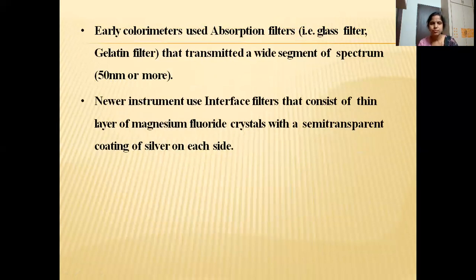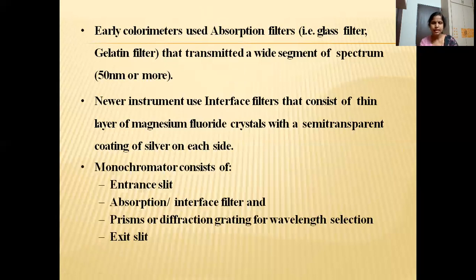Whereas the latest instruments use interference filters, where the width is very small compared to absorption filters. And the monochromator consists of an entrance slit, an absorption or interference filter, prisms or diffraction gratings for wavelength selection, and an exit slit. It is a combination of all these four.